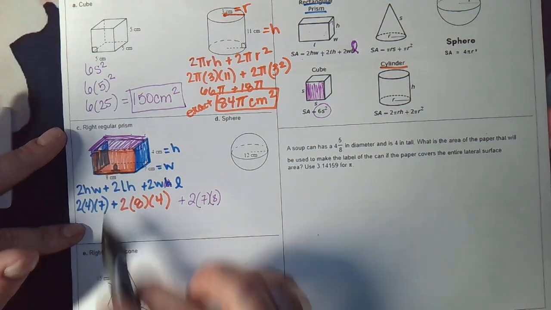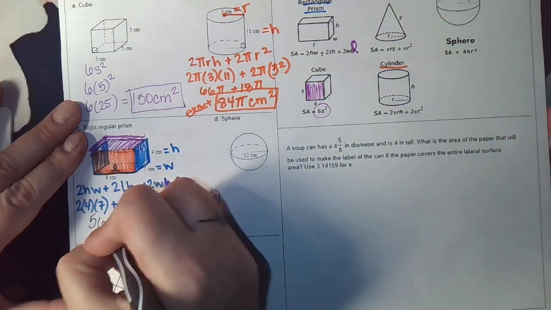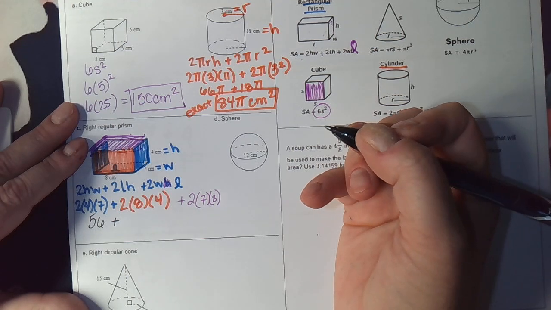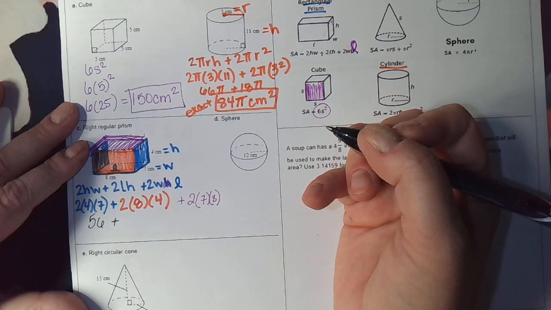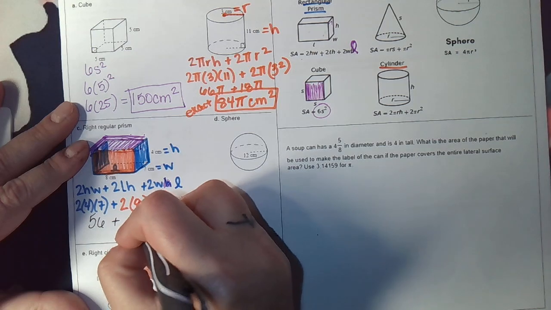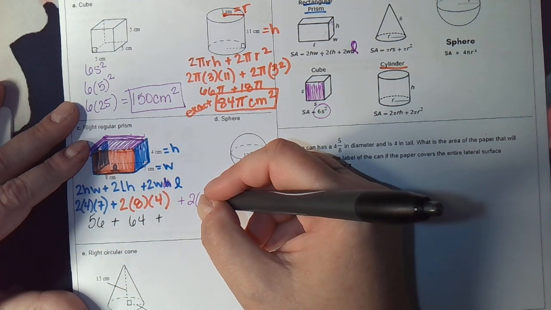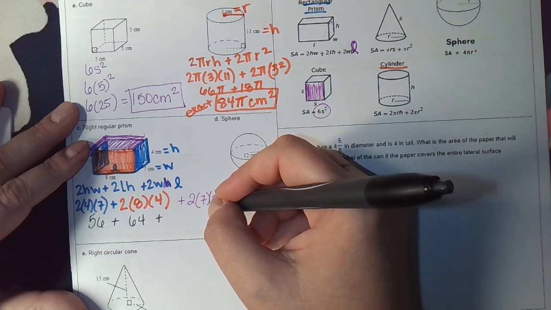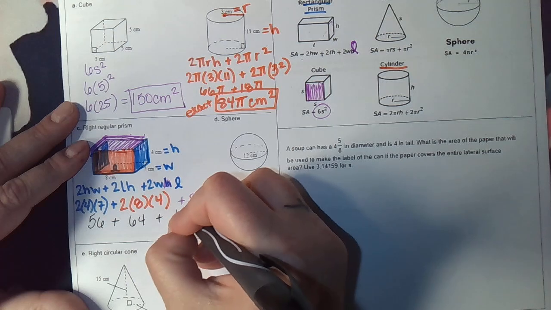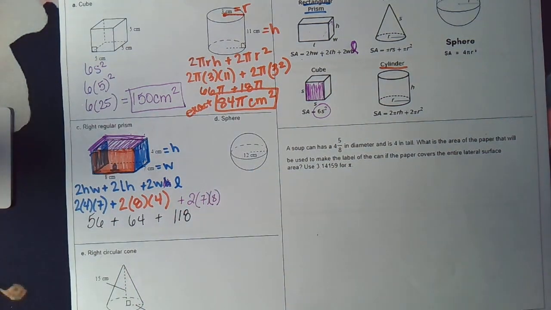For the first one, we get 28 times 2, 56, plus 8 times 4 is 32, times 2 is 64, plus 49 times 2 is 98.